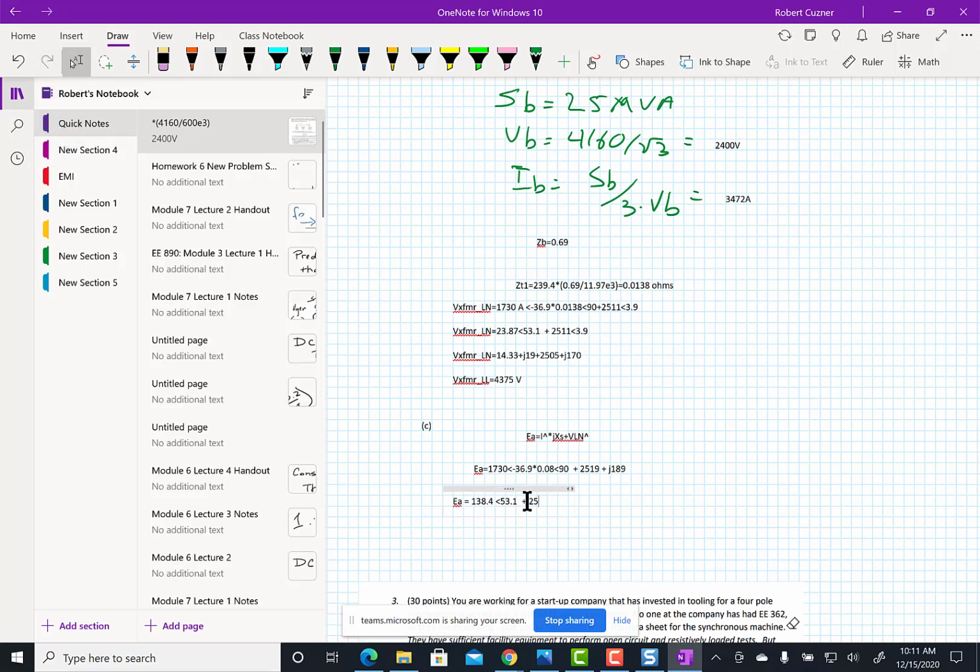Then go to the Cartesian: 138.4 times cosine 53.1 is 82.85, plus 138.4 times the sine of 53.1 is 110.7, plus 2519 plus J 189.